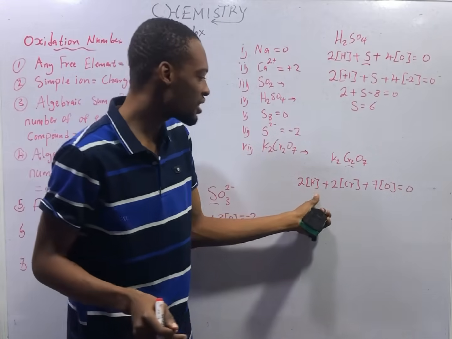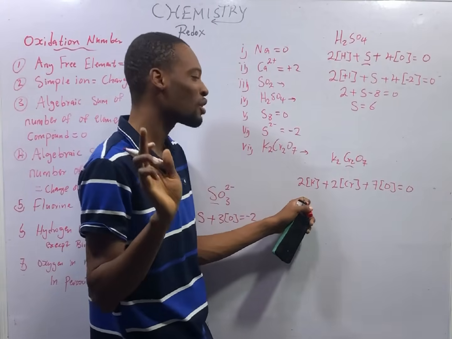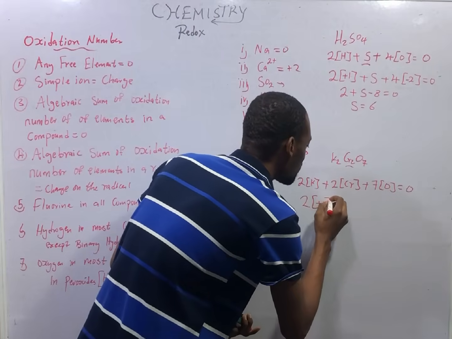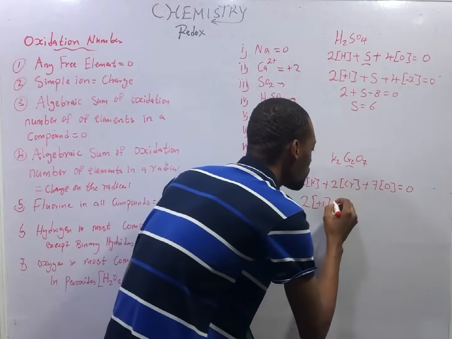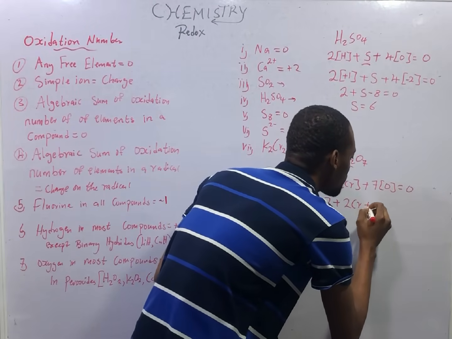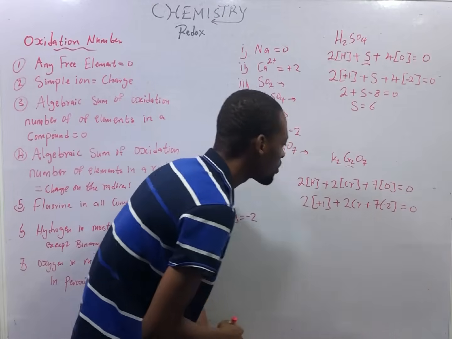Here, let's see. The oxidation state of potassium is +1. Potassium is in group 1. So we have 2 times +1 plus 7 times -2, oxygen being -2, equals 0.